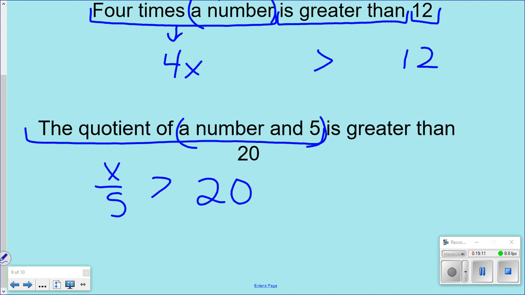You can solve it if you want. Multiply by 5, multiply by 5. This one we don't have to change any sign because it's not negative, so x is greater than 100 if you solve it.